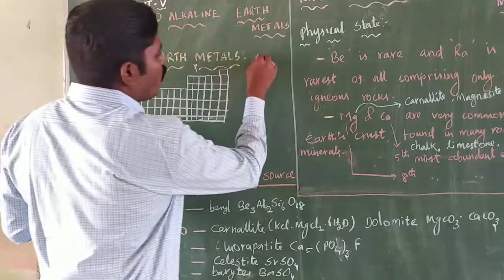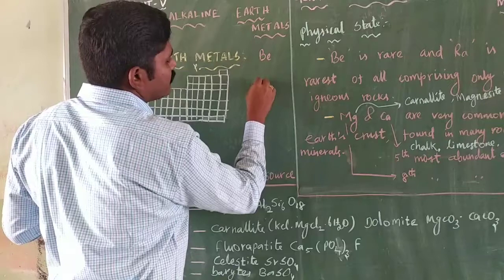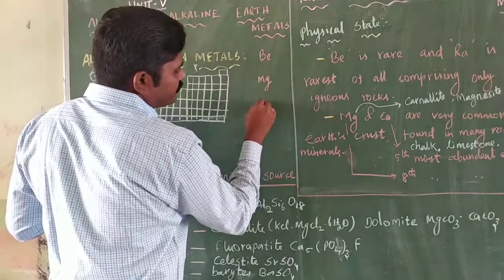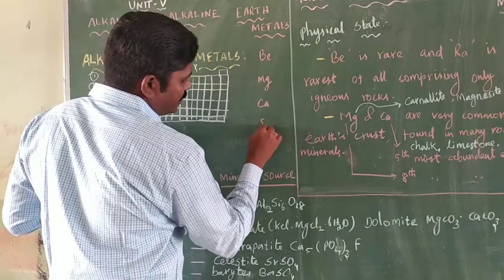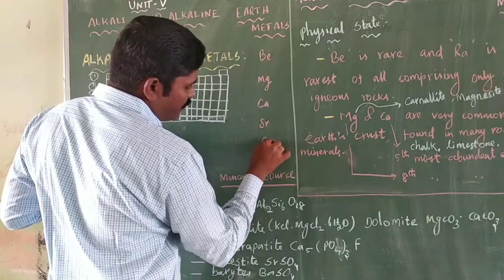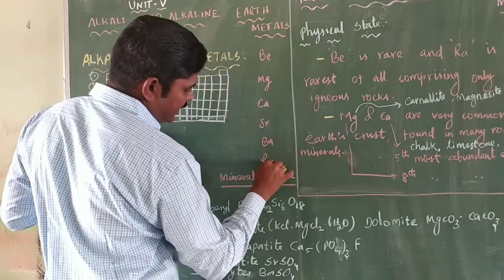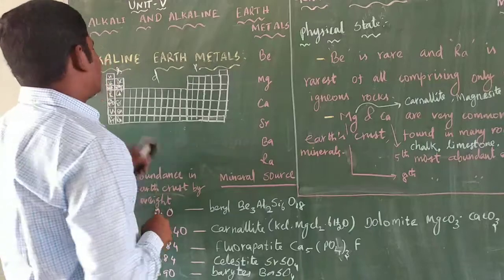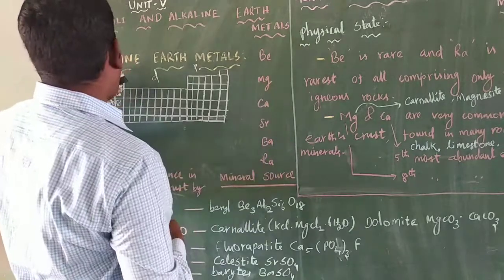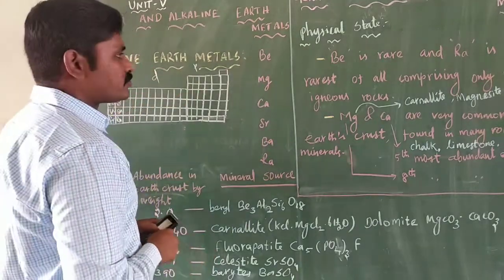So beryllium, magnesium, calcium, strontium, barium and radium. Okay, so these elements are called alkaline earth metals.